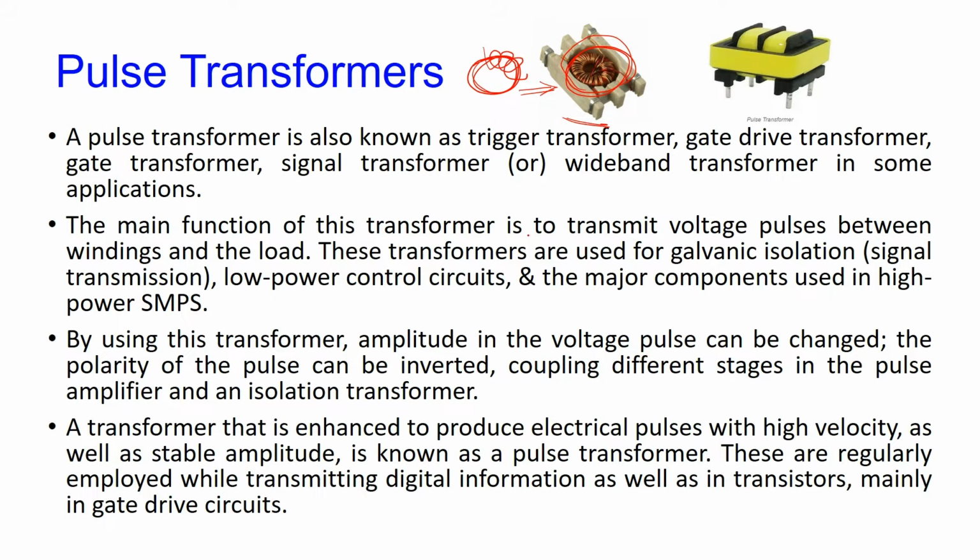The main function of the pulse transformer is to transmit voltage pulses, whereas the conventional transformer transmits low frequency waveforms similar to a sine wave. The pulse transformer transmits pulse waveforms.